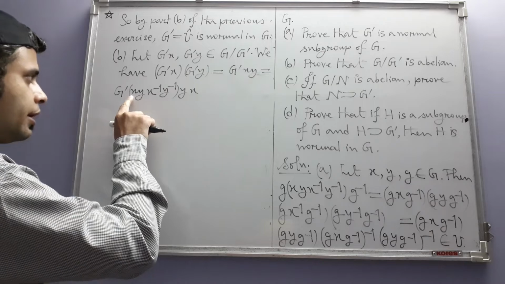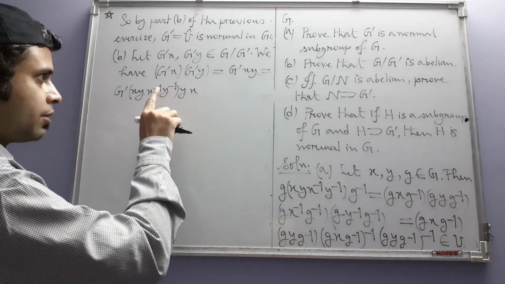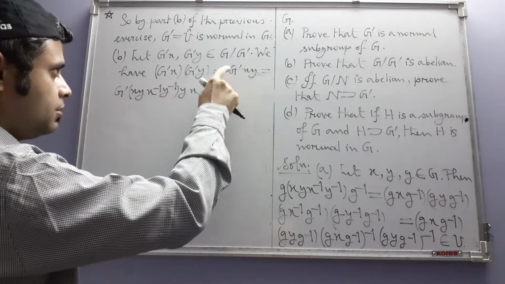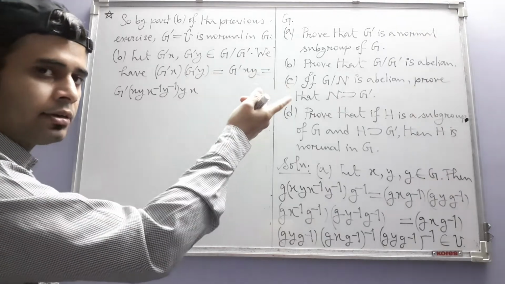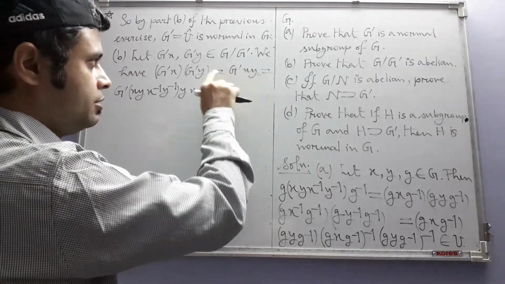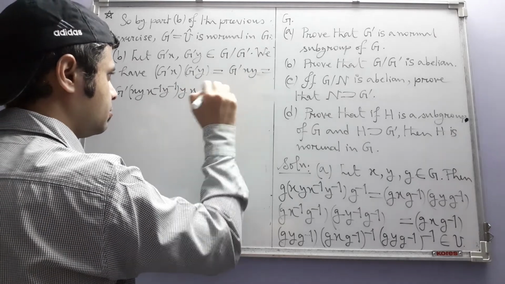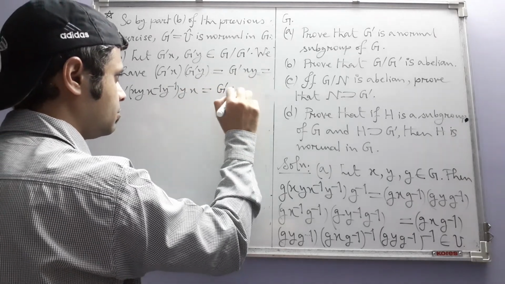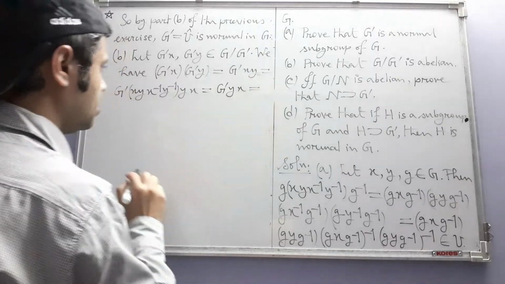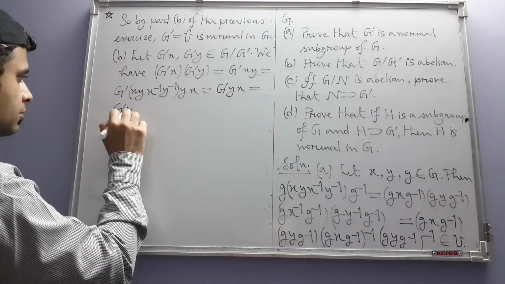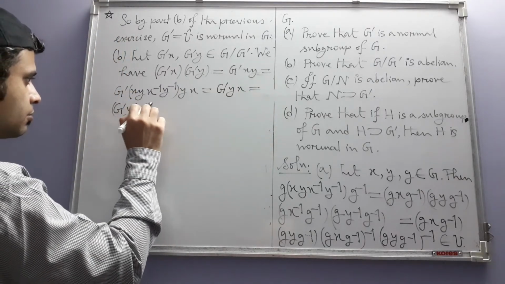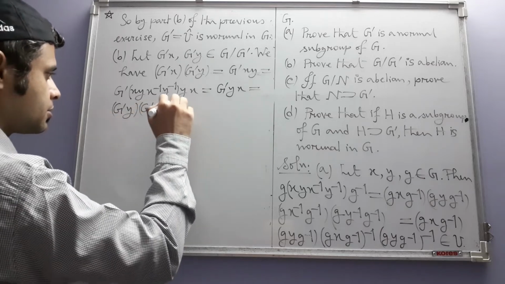Now since x y x inverse y inverse is in G prime, because it's in that U and U is contained in G prime, that's why this is equal to G prime yx, which becomes G prime y G prime x.